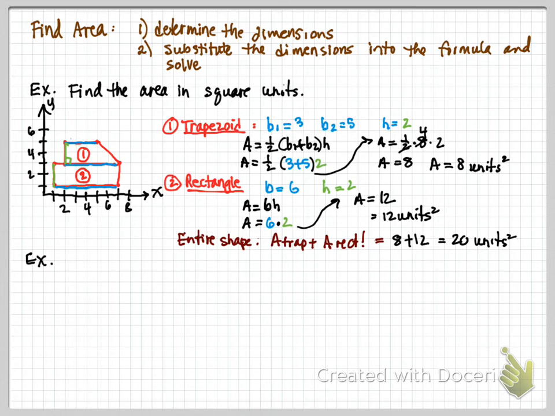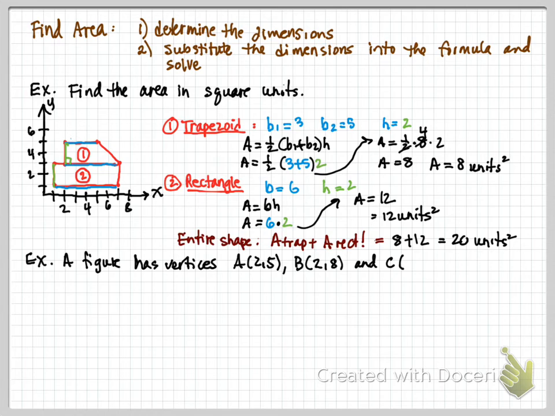This time I'm going to give you coordinates. A figure has vertices, ooh, that's a weird S, A at 2, 5, B at 2, 8, and C at 5, 8.